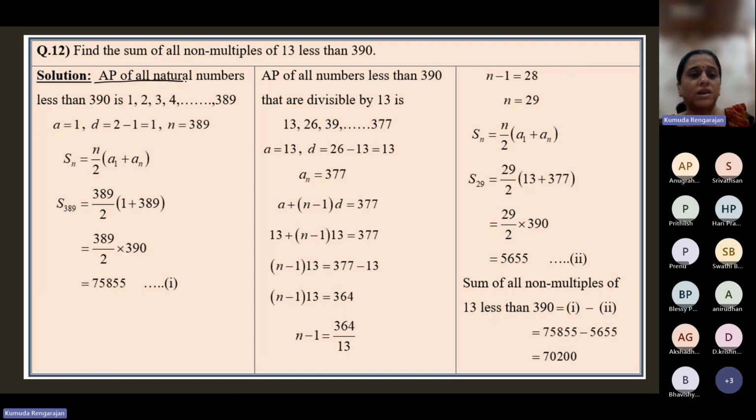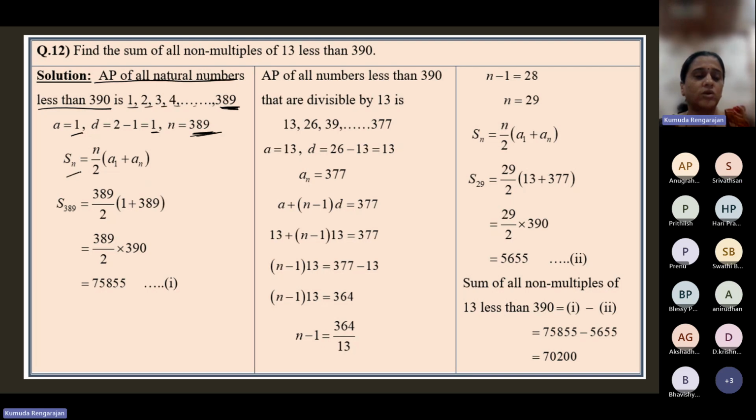So AP of all natural numbers less than 390: 1, 2, 3, 4 till 389. So A is 1, D is also 1, N is 389. That you don't have to find now because you know 1, 2, 3, 4 till 389.